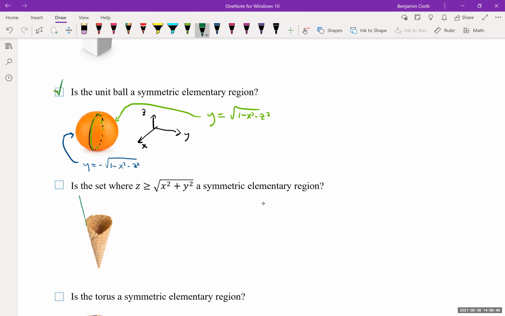After all this talk about symmetric elementary regions, I give you the divergence theorem first for symmetric elementary regions, but then I almost immediately generalize it to regions that can be chopped into symmetric elementary regions.